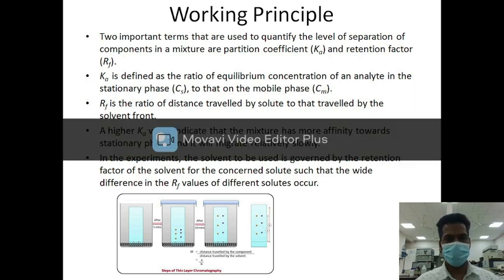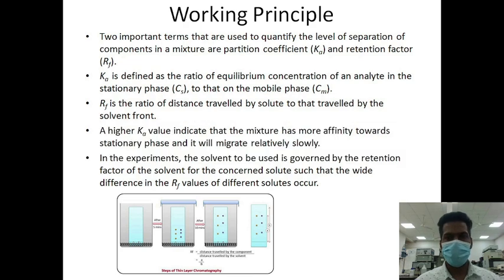There are two different terms which we should know while operating HPTLC. They are the partition coefficient and the retention factor.